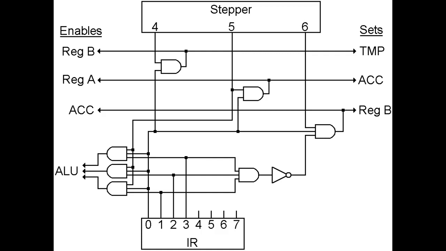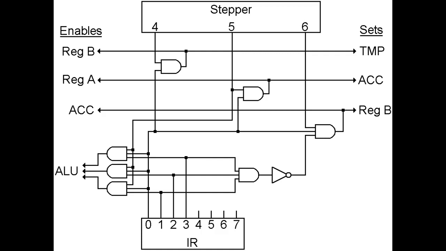So going back to our ALU instruction, in step 4 we're enabling reg B and setting TMP. Here we are basically setting up the second operand to our ALU instruction. In step 5, we are enabling reg A, so we're setting the first input of our ALU instruction on the bus. This is where the actual ALU computation is going to happen, and we're going to finally save the result into the ACC.